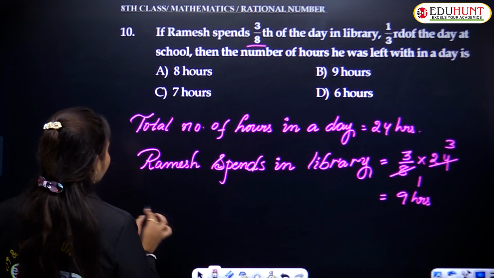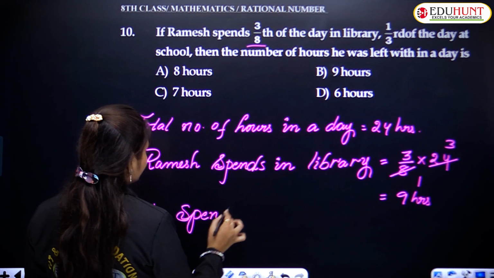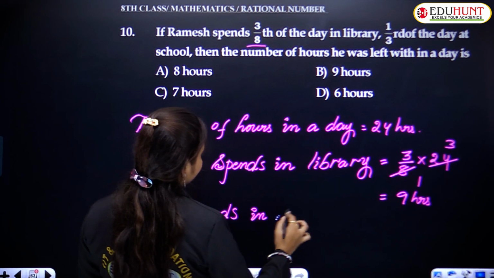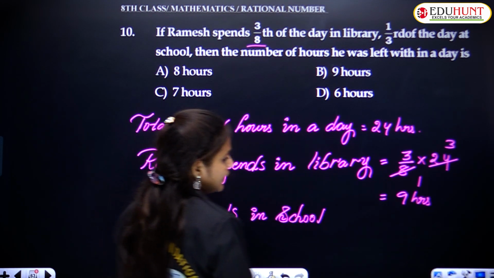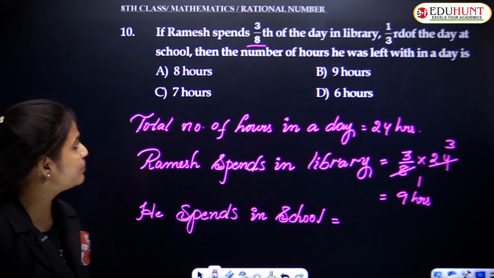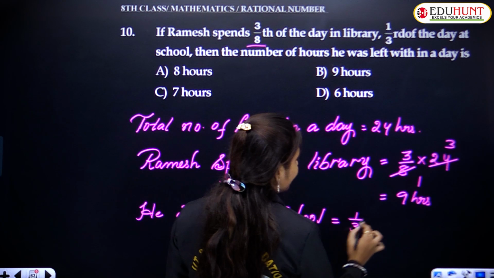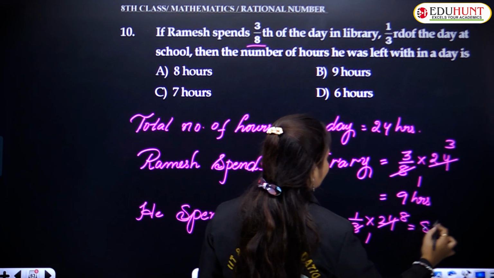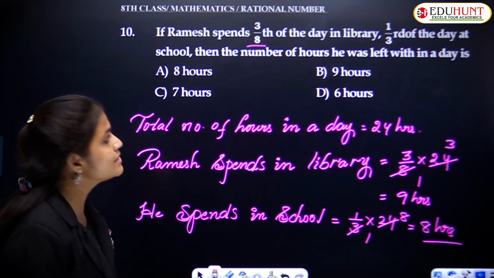Clear? Now he spends time in school. In school, how much time did he spend? Here 1/3 part, so 1/3 of 24. 3 ones are 3, 3 eights are 24, so 8 hours he spent in school.